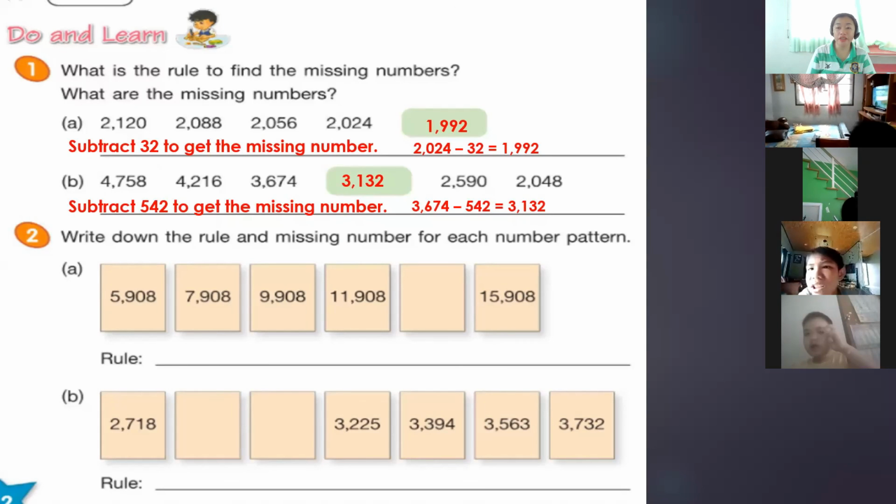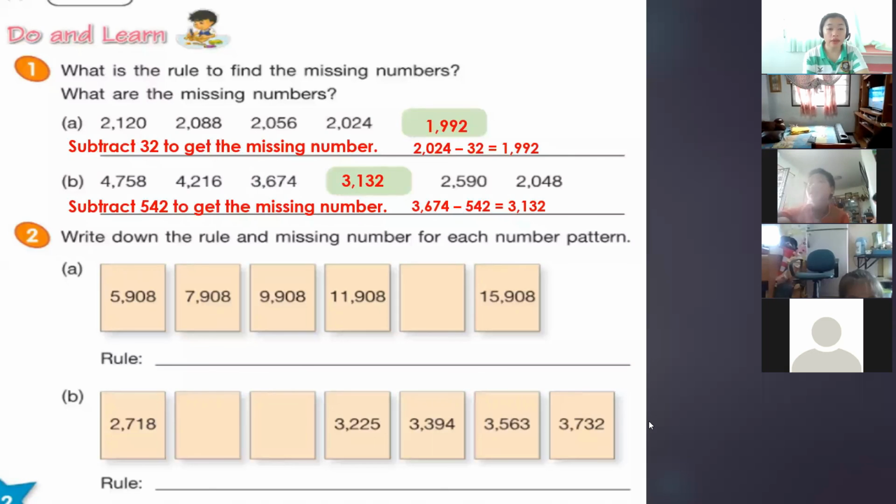Okay, so let's proceed to exercise number 2. We have here: write down the rule and missing number for each number pattern. So we're going to write the rule of how we found the missing number in this pattern.